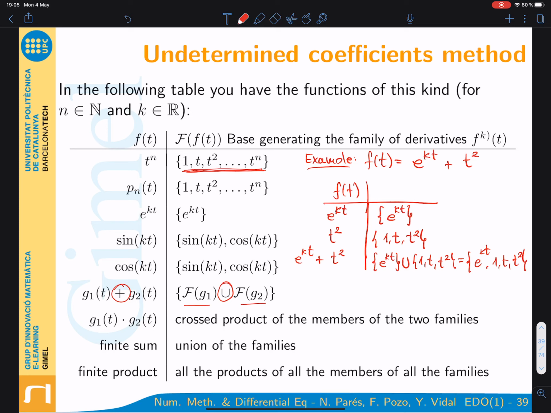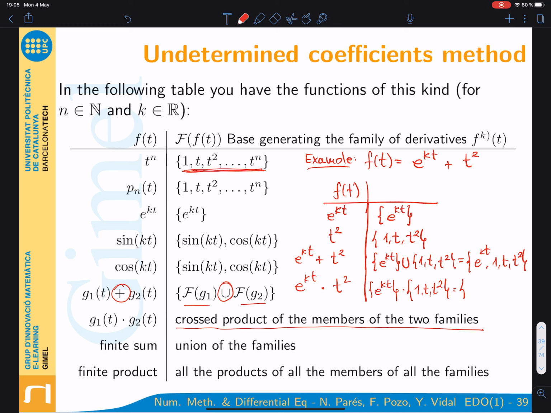Remember that the union of these two bases is just putting them all together. In case we have the product, let's say I have the product of an exponential times a polynomial, then the basis is given by the product of the members of the two families. So I will use the basis of the exponential, and I will do the cross product with the basis of the polynomial.